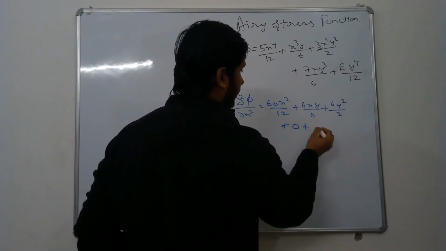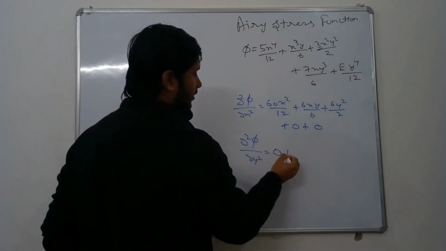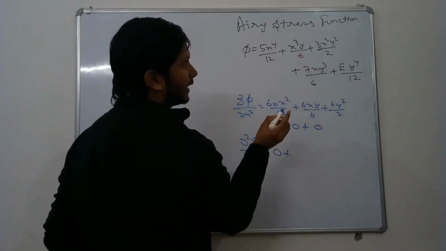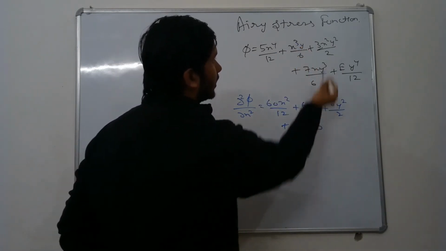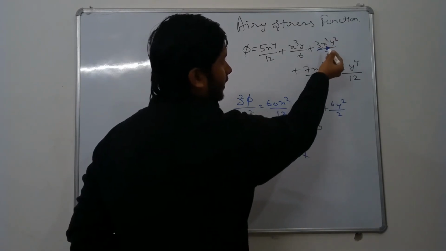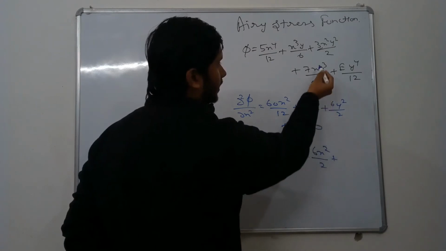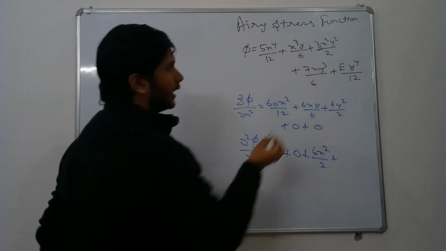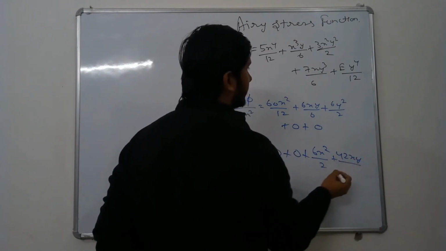Del square phi by del y square: no y, 0; here y, only one time, so x cube by 6, second time 0; here again 3 2s are 6, so 6x square by 2, plus 3 7s are 21, and 21 2s are 42, so 42xy by 6.